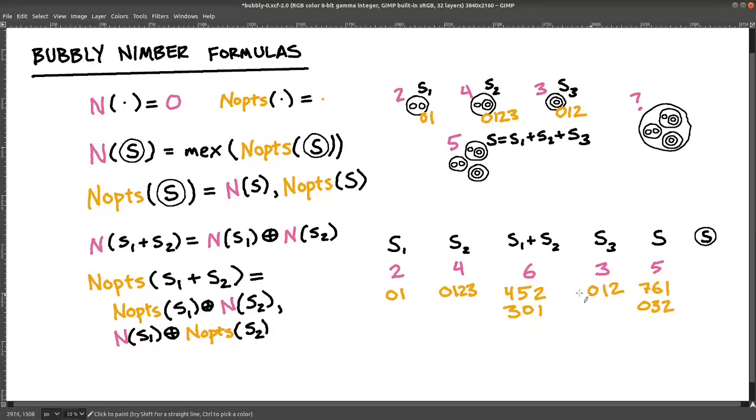We already have that. 6 XOR 1 is 7. And 6 XOR 2 is 4. So 0, 1, 2, 3, 4, 6, 7 are the orange numbers for S.